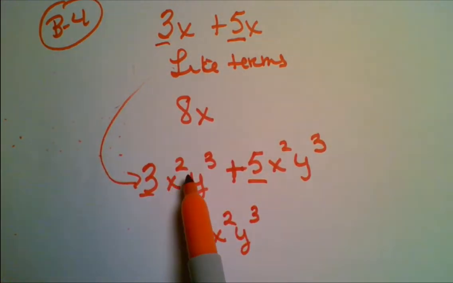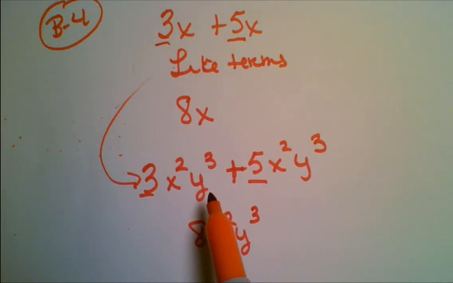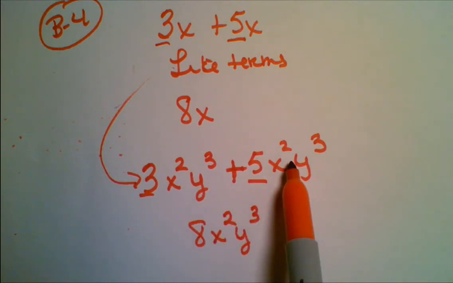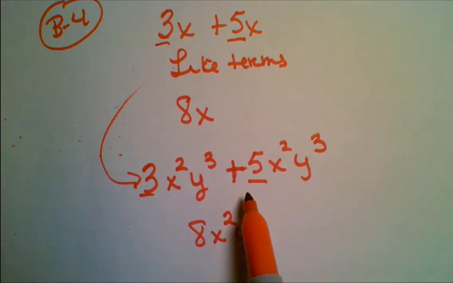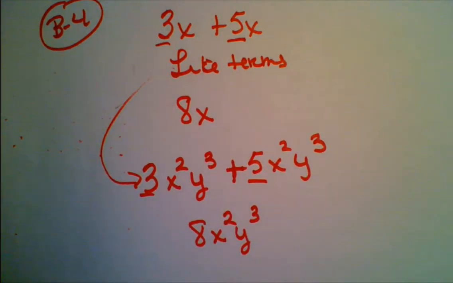When do we add exponents? Well, we add exponents when we are multiplying. We're not multiplying in this question. So that's just a little recap of something you've completed before.